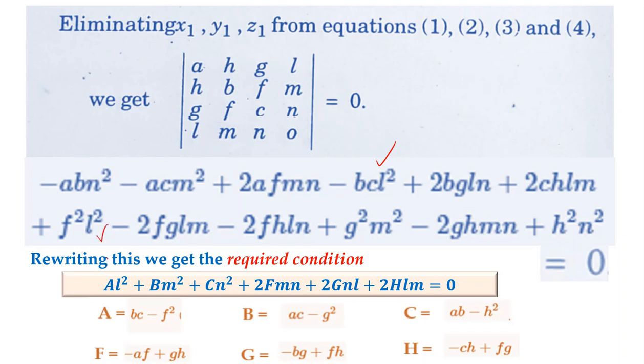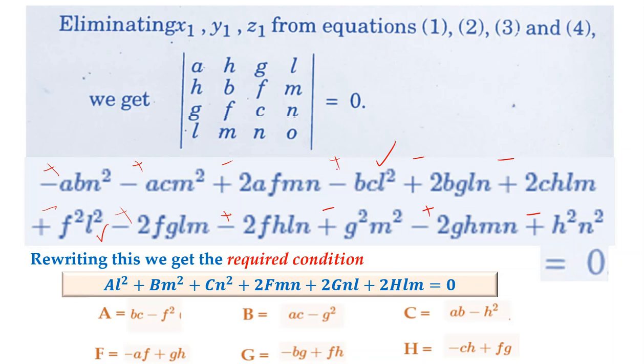So BC minus F square. What we can do is, because we have 0 on the right side, we can multiply throughout by a negative sign, so that the signs change accordingly.